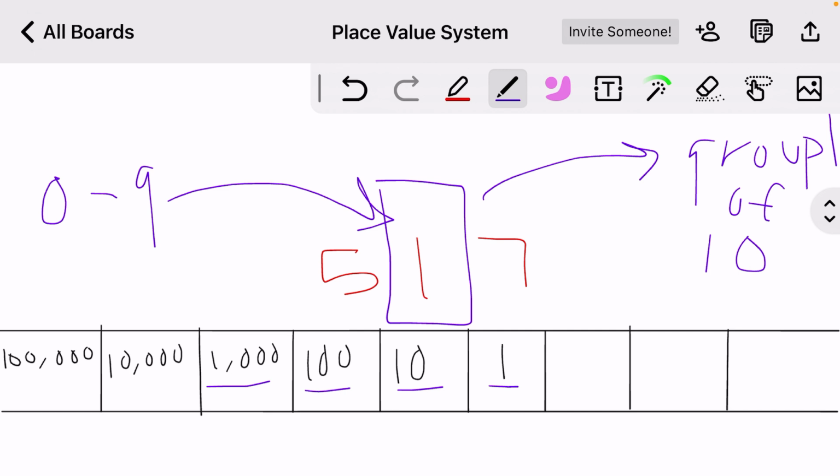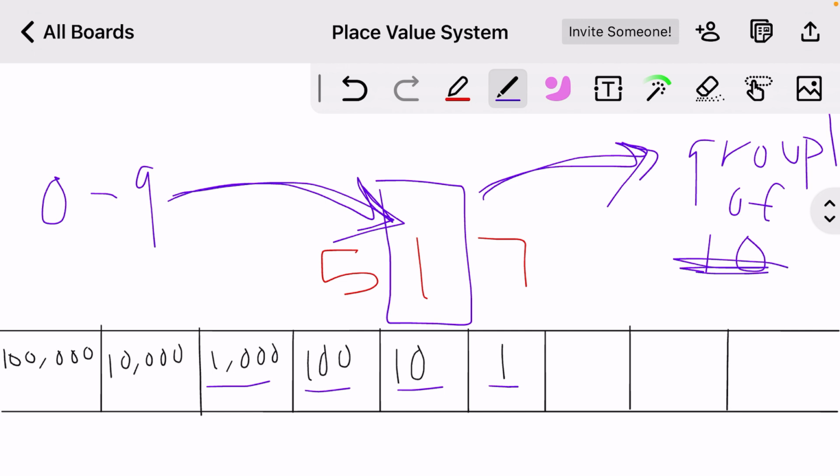But in the tens place, the same rules apply as in the ones place. A digit is assigned to that place, and that number lets you know how many groups of 10 that you got.